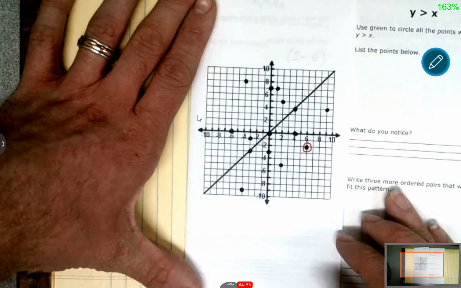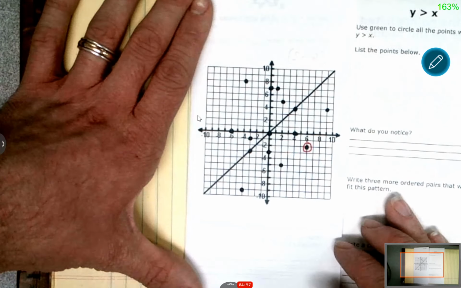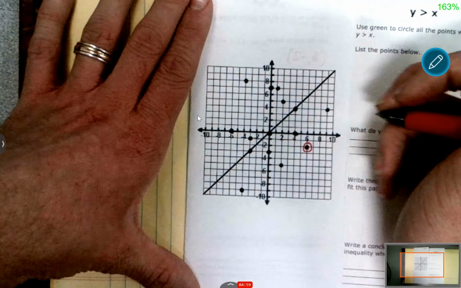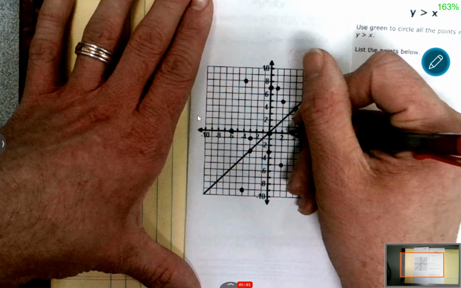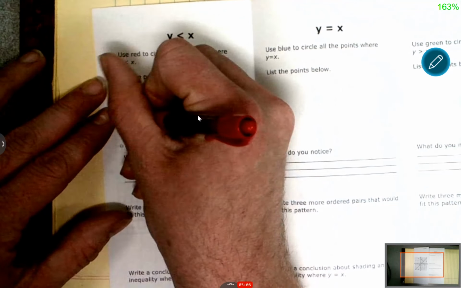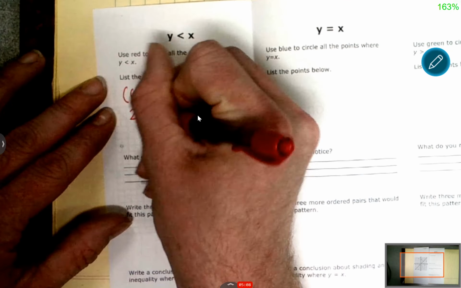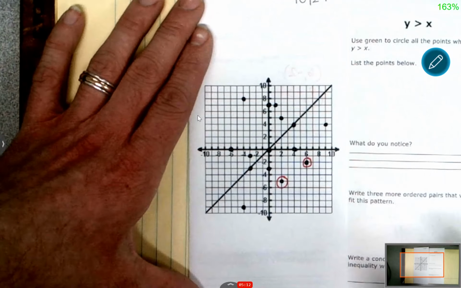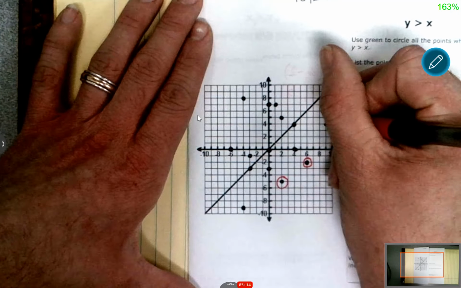Mohammed? Or Sam? 2, negative 5. Negative 5 is less than 2. Prisha? 9 and 4.